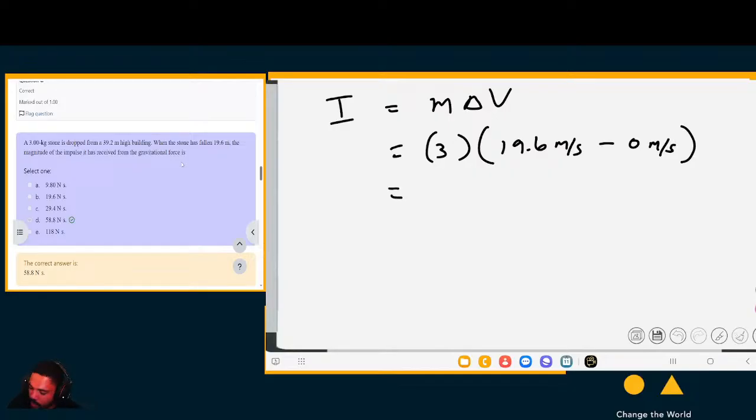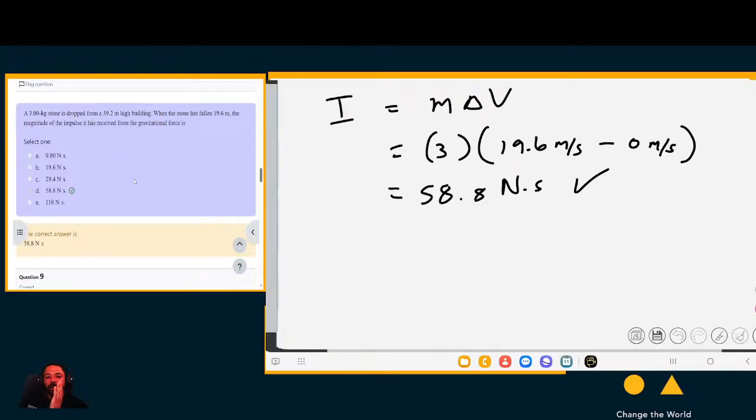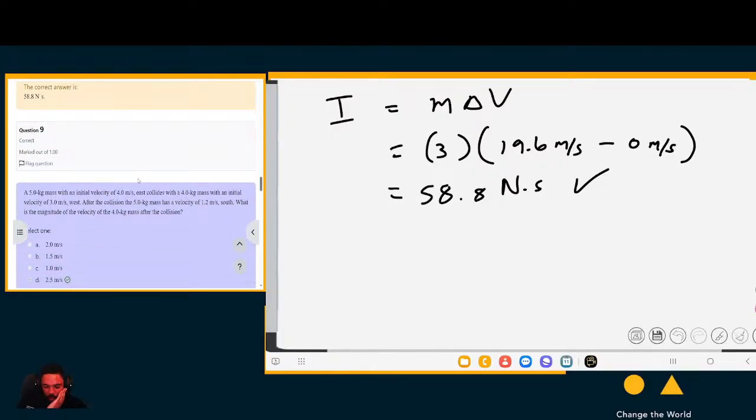Working that out, our impulse would be 58.8 newton seconds. That is the impulse, or in other words, the change in momentum. That's the magnitude of the impulse it has received. And as you can see, these problems are reasonably quick to solve.